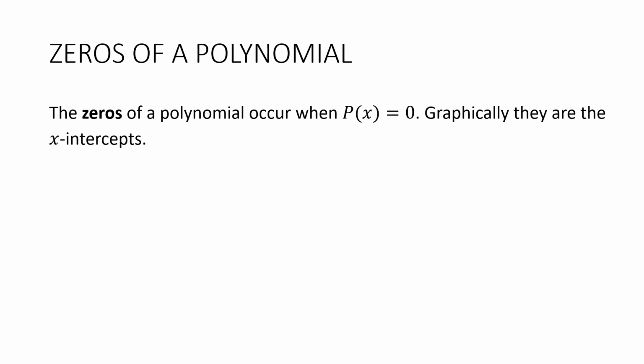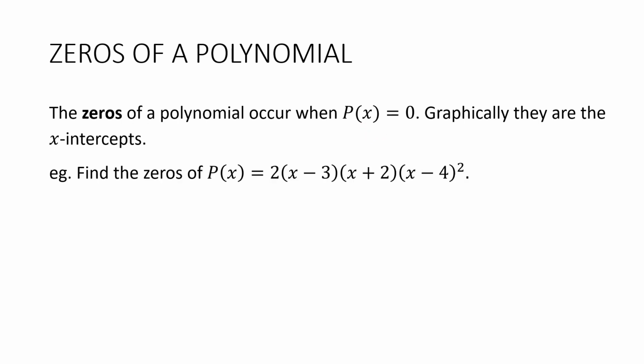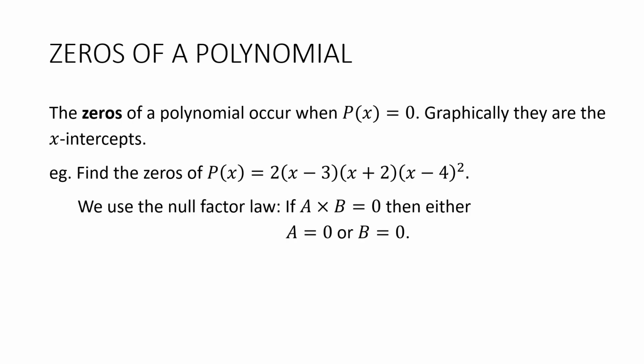The zeros of a polynomial, they occur when p of x is equal to 0. And graphically, they are the x-intercepts. X-intercepts occur when y is equal to 0. Remember, this can be thought of as y. So if we want to find the zeros of p of x here, we're going to use the null factor law, which states that if a times b is equal to 0, then either a equals 0 or b equals 0.